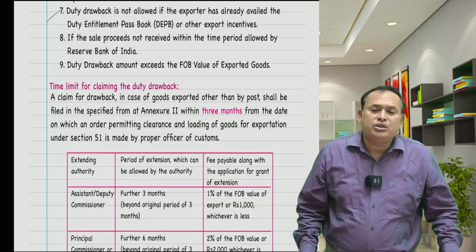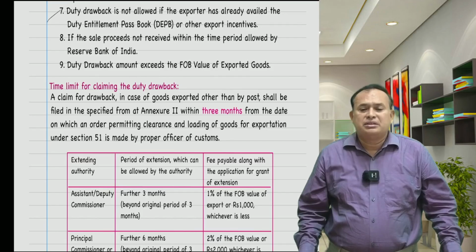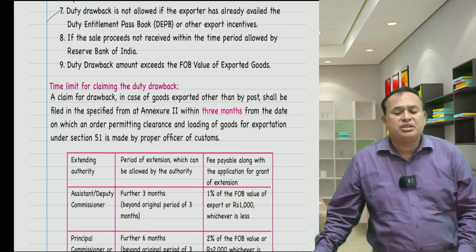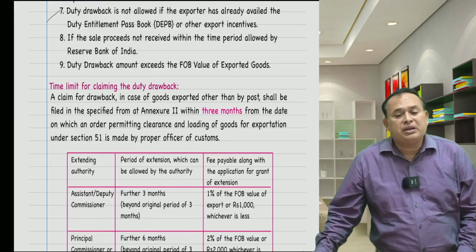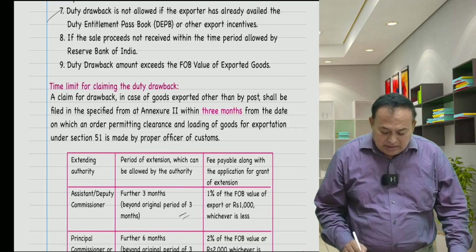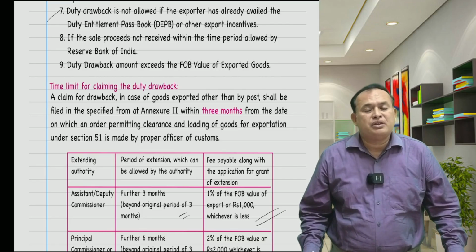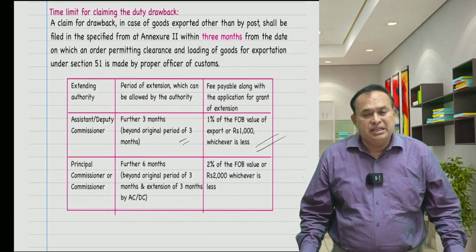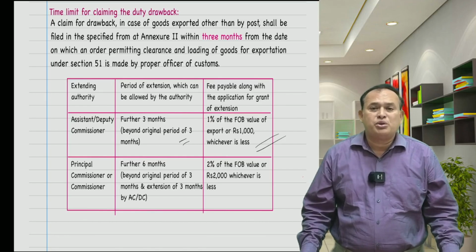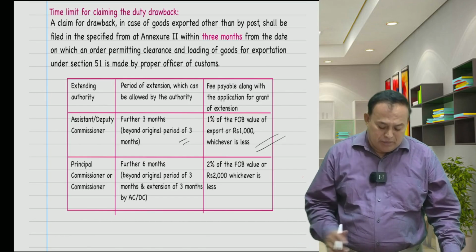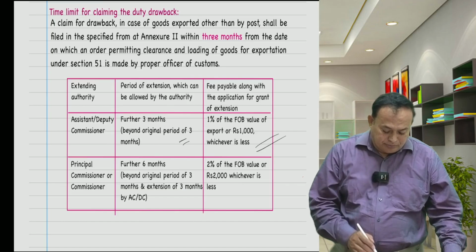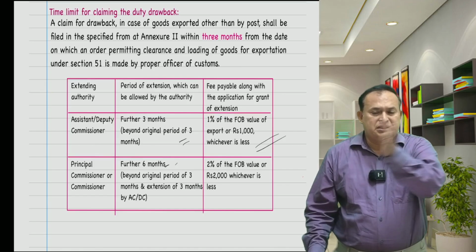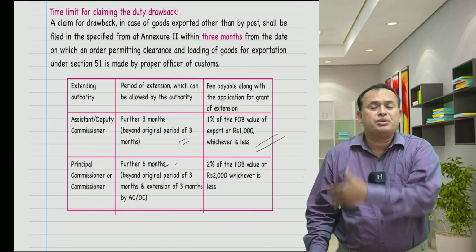For claiming duty drawback, the time limit is 3 months from the date on which export takes place. If 3 months are not sufficient, a further 3 months can be considered. That time you have to pay a fee of 1% of the FOB value or rupees 1000, whichever is less. If you want to claim over a period of 1 year: the first 3 months no fees, the next 3 months fees of 1% FOB value or rupees 1000, whichever is less.